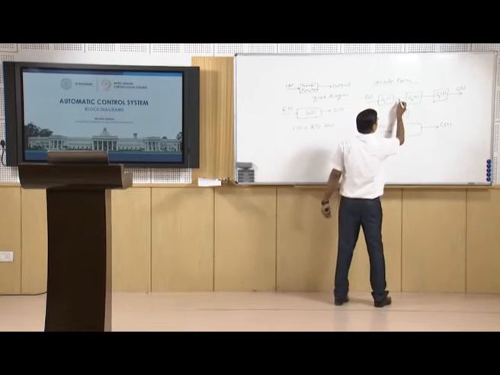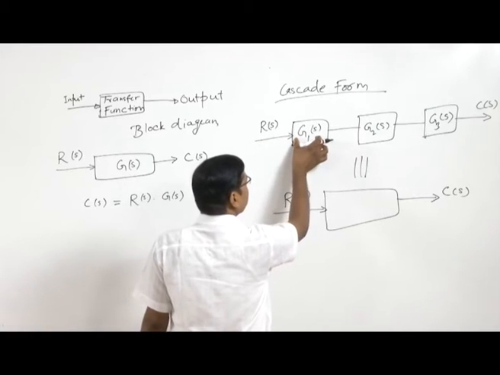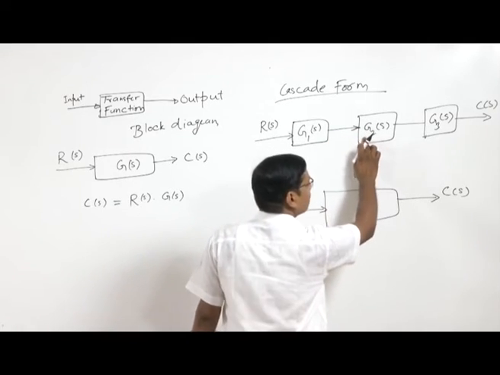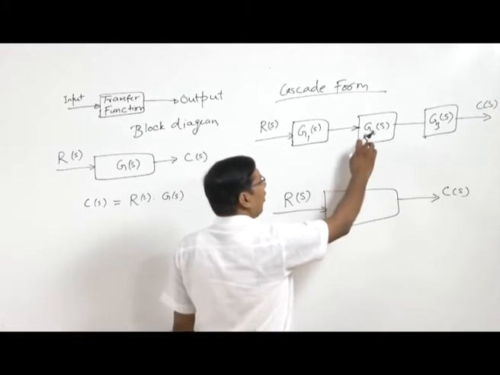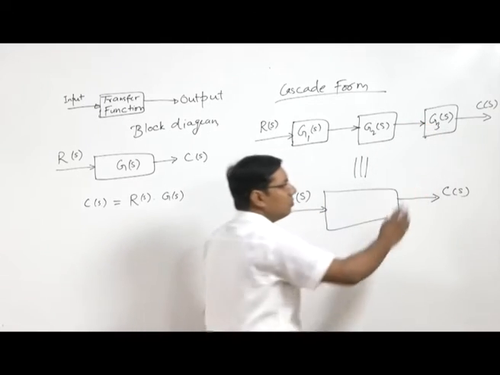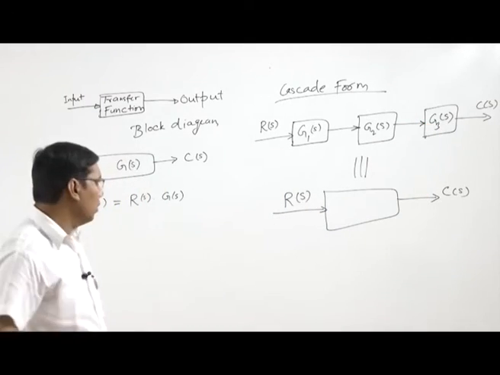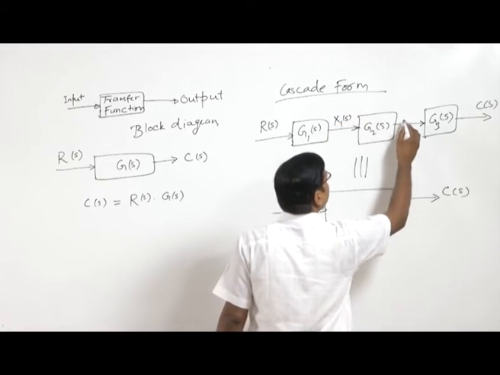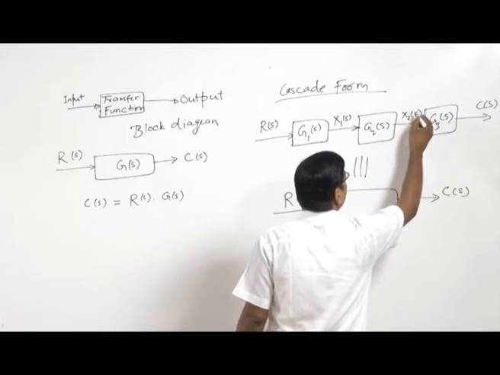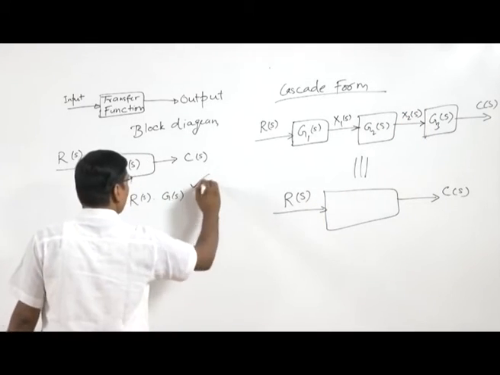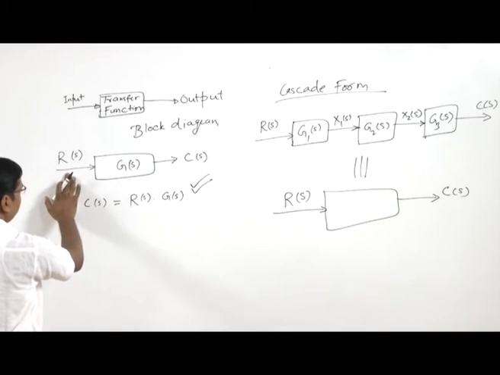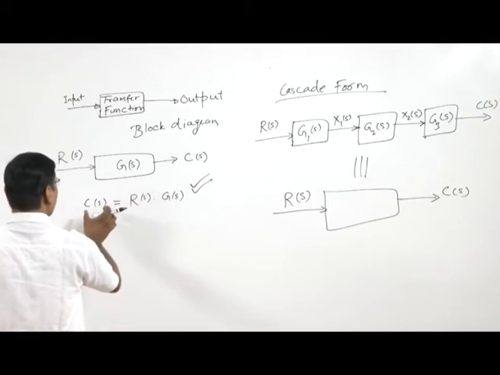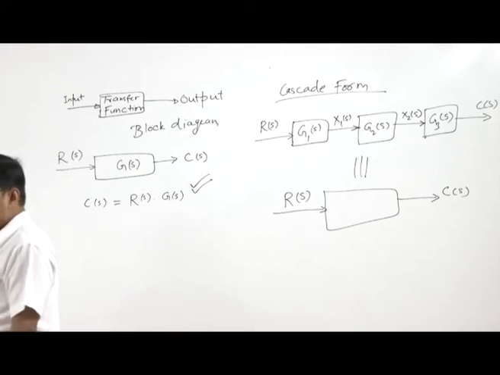Let's assume that if there is an input and a system transfer function, there will be some output, and that output will be the input to the next system, and the output from this system will be the input to the third system. Let's say this output is X1(s) and this output is X2(s). We apply the rule that if we have input R(s) and transfer function G(s), the output C(s) can be expressed as R(s) into G(s).